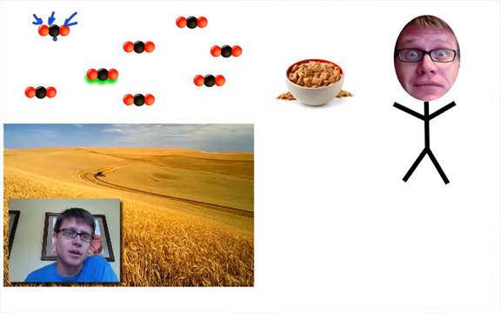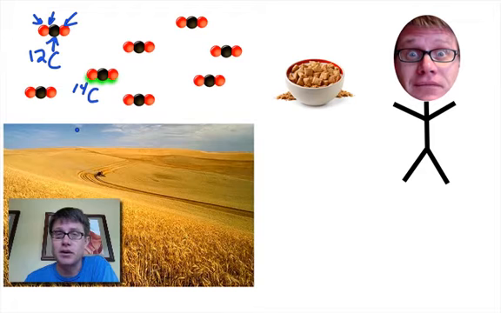Most of this carbon is going to be run-of-the-mill carbon-12, just regular carbon. But occasionally we're going to have carbon dioxide that has carbon-14. So it has those extra neutrons, and so we call this an isotope of carbon, and it has a tendency to decay.